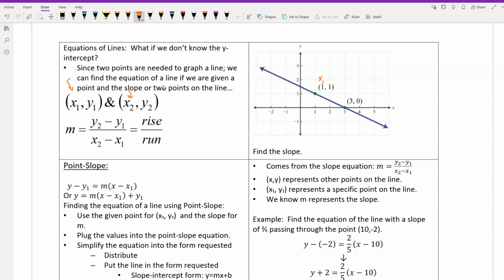Let's take this one as x1, y1, and this one as x2, y2. So our slope is equal to y2, which is 0, minus y1, which is 1, over x2, which is 3, minus x1, which is 1. So we have negative 1 over 2. That is our slope for this line.